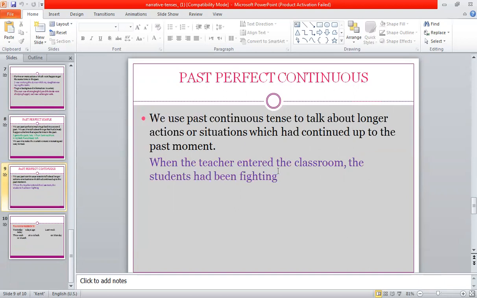When the teacher entered the classroom, the students had been fighting. So what happened? They had been fighting. They started the fight before he entered the classroom. Then he entered the classroom, and unfortunately, the fight didn't stop. So it was a fight before the entry of the teacher, then the fight continued after the teacher entered the class.